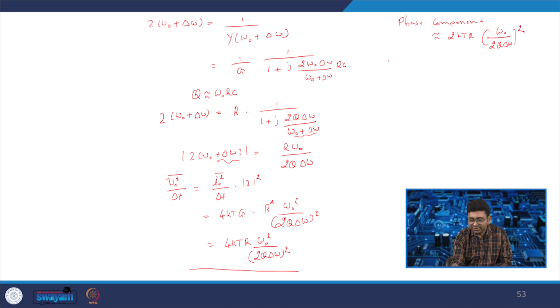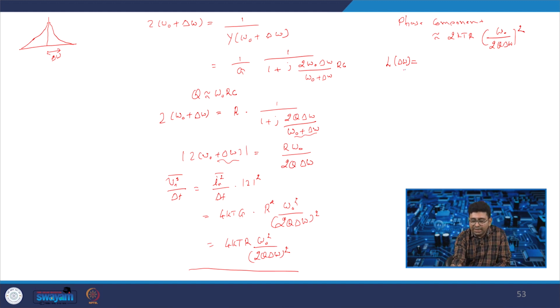So, based on the Leeson model, L of delta omega. Why have we considered delta omega? Because in phase noise we are interested in the delta omega offset, as I already discussed in the last class.